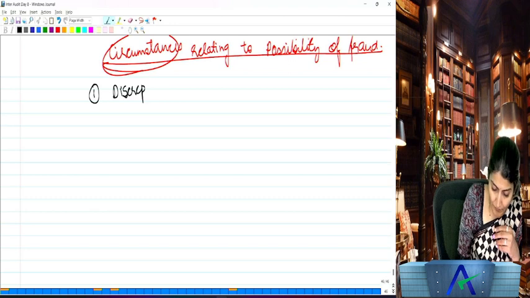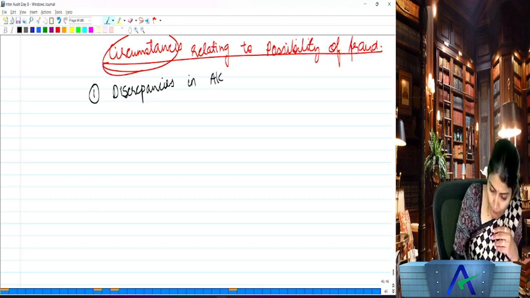So why are you able to smell the fraud as an auditor?